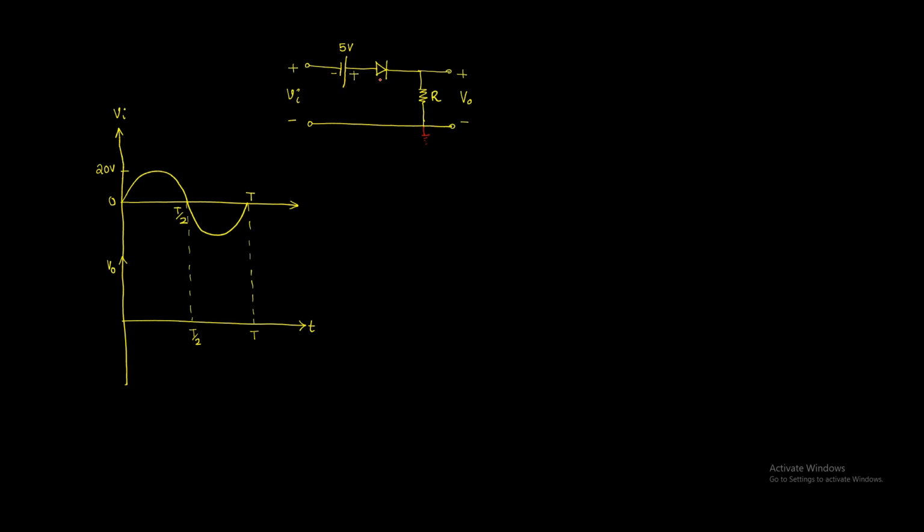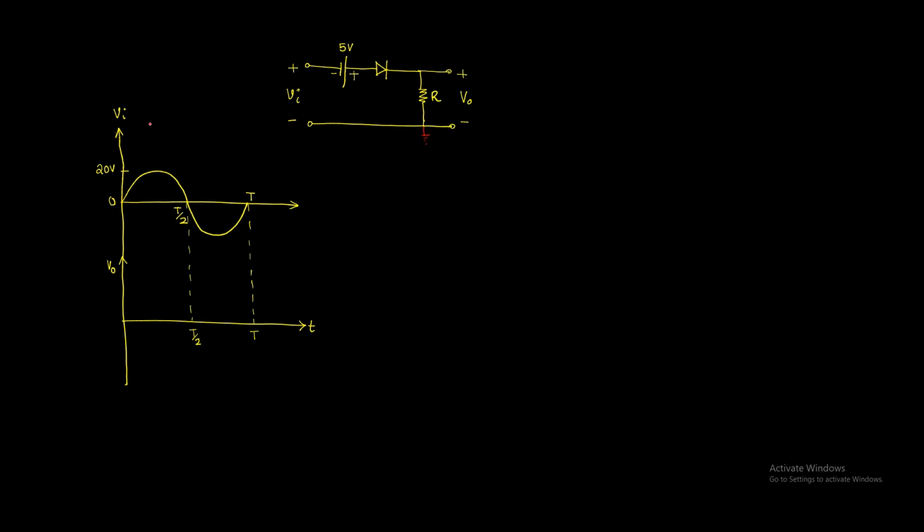So if the diode has to be turned on, then the potential at the anode side should be greater than that of the cathode. Since the DC supply voltage is negative, we need to mark that first on the input signal.